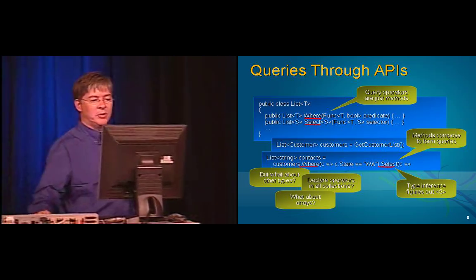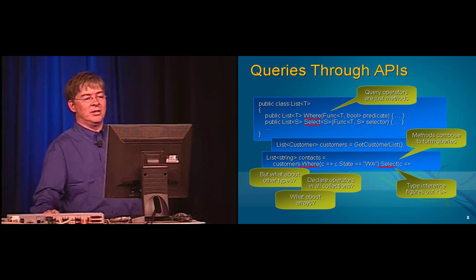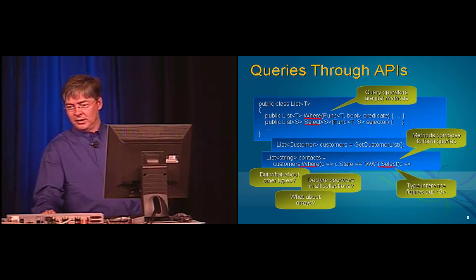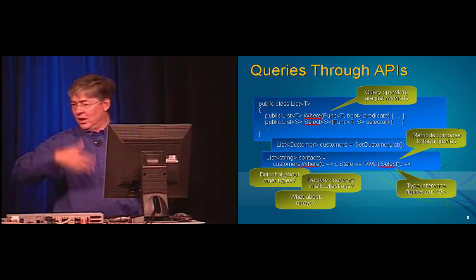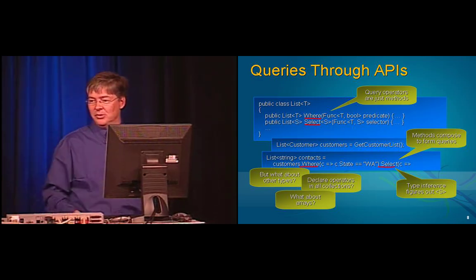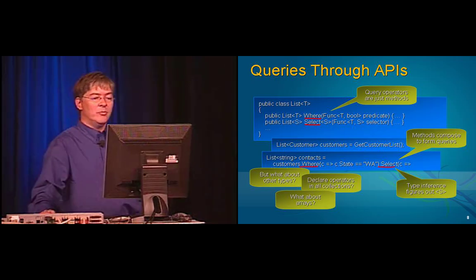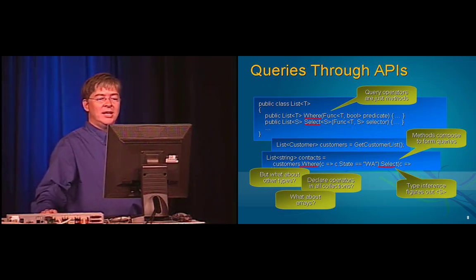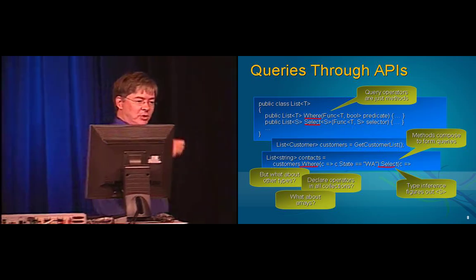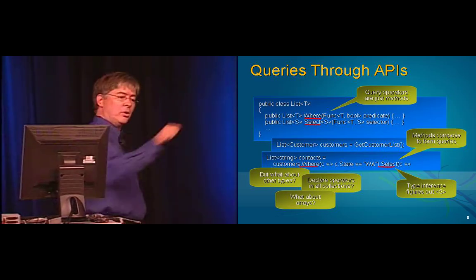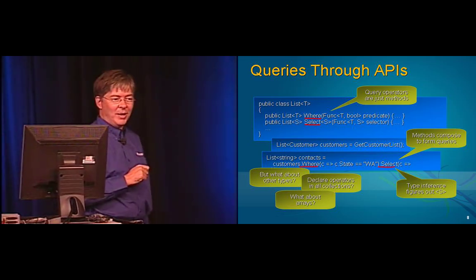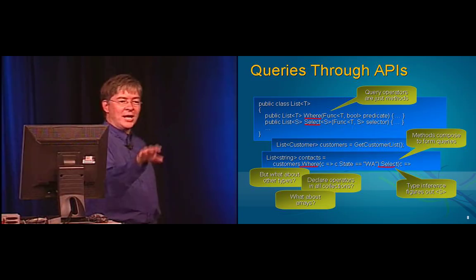Well, we would create List<T> having a method Where that takes a function that maps a T to a bool, and then it returns a new List<T> which contains all of those for which the predicate was true. And we could have a Select which takes a function that maps from some type T to some type S and returns a List<S>. And that's how you do projection and so forth.